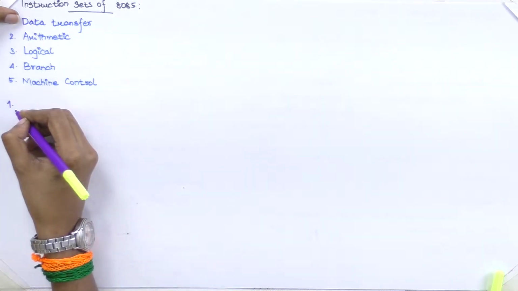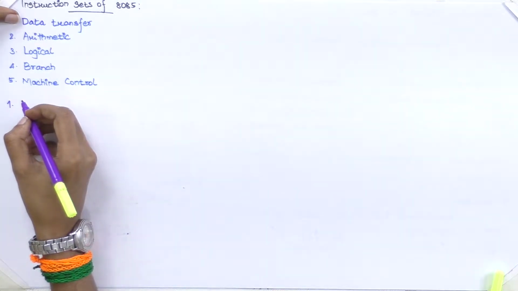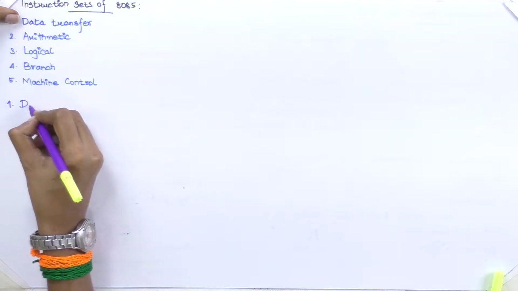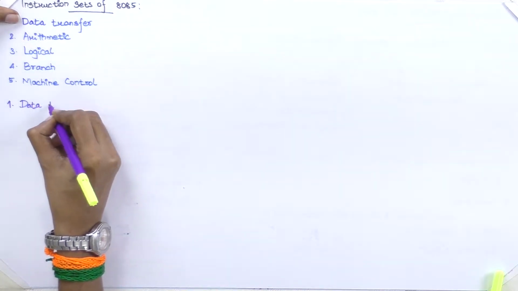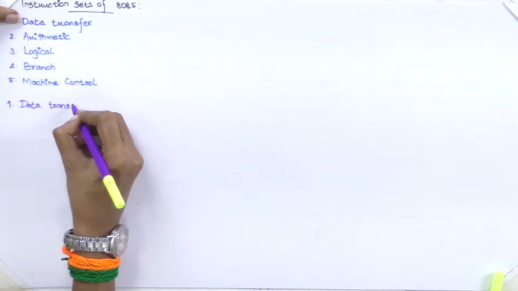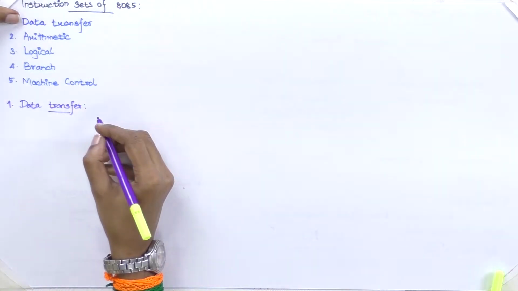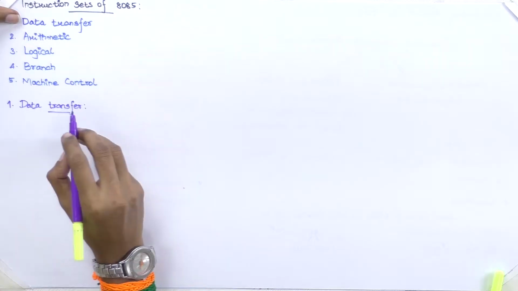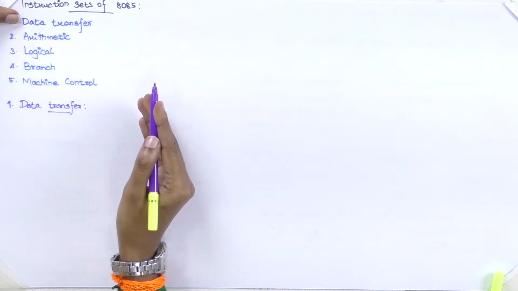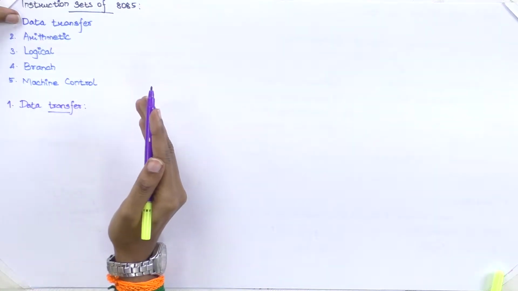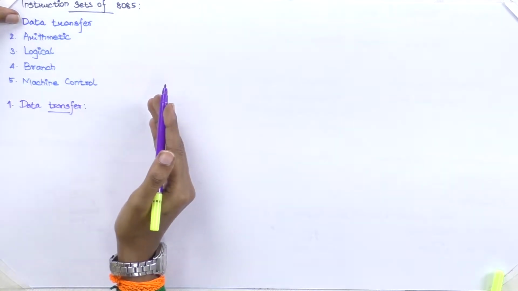The first instruction set is data transfer instruction sets. The data transfer instructions are used to transfer the data between two locations. The location can either be register or memory.